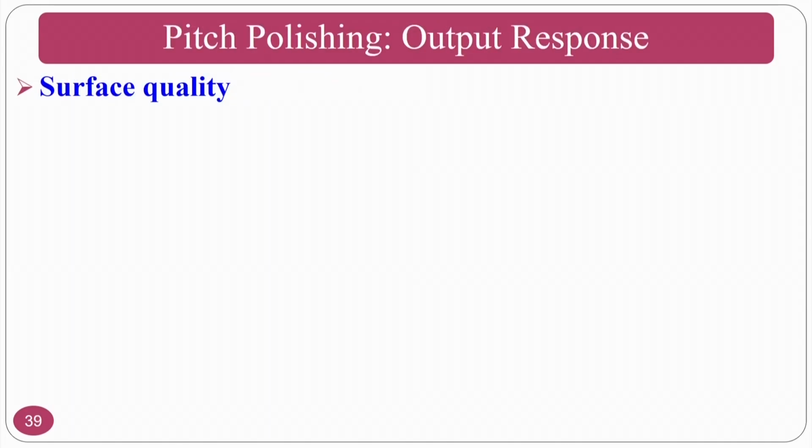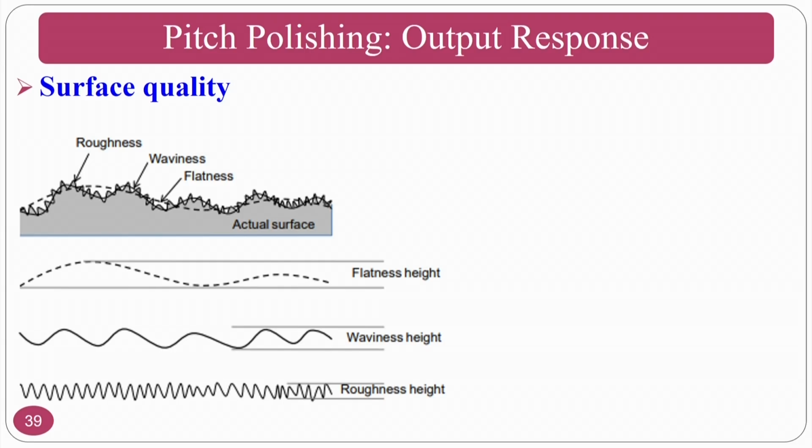The output responses, if you see the surface quality, this particular thing I will explain in depth in the upcoming slides. Normally the profile roughness will be there. If you see here, this is the roughness, this is the waviness, and this is the flatness height. Normally if you see these two, your surface will be like this.